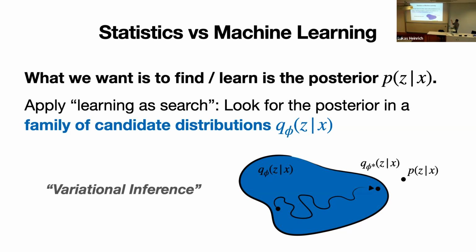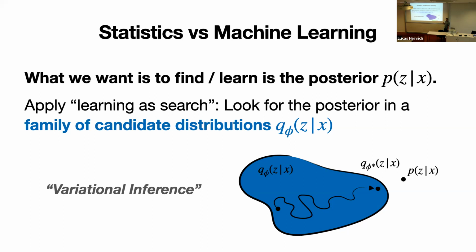We look in a family of candidate distributions for one that looks like P of Z given X. It's not clear that the true P of Z given X is actually in our search space. It probably is not, but we might define our search space in a way that we at least get close to the true posterior. This is called variational inference.